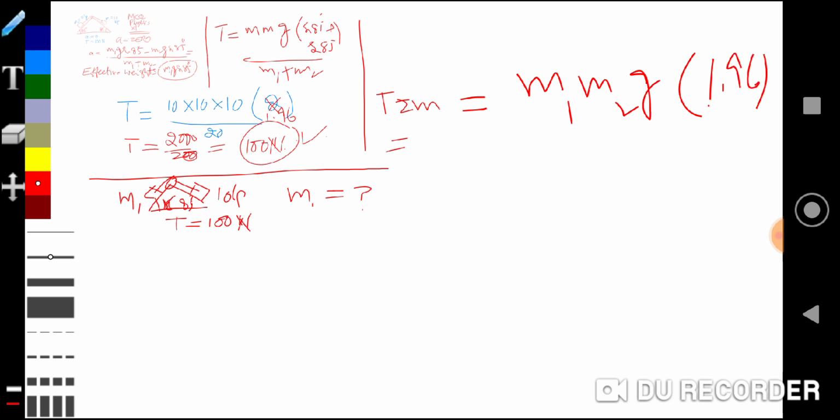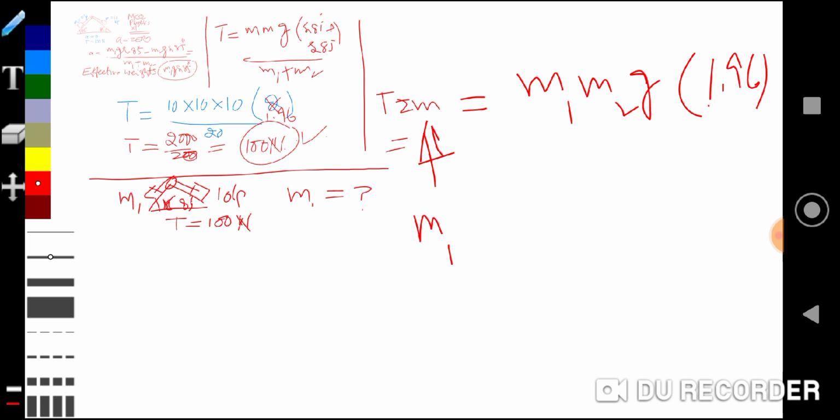This is the sum of sines. Even if you knew this value, how will you put the value of the sum of masses over here? Because one of the masses is given to you, whereas the other is to be found. Then how to calculate?